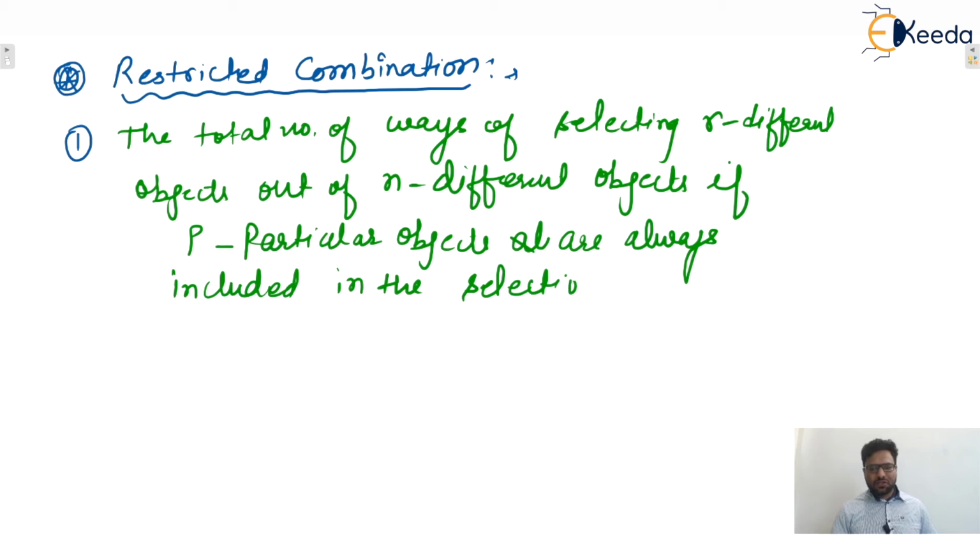So one restriction is there. So what will we do? Let us consider, let's say, 16 players are there.